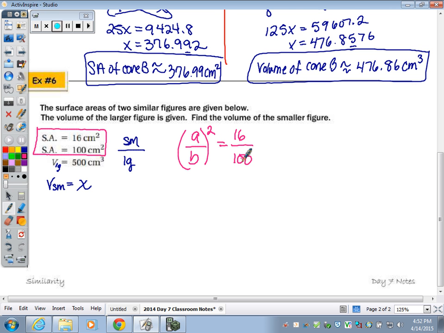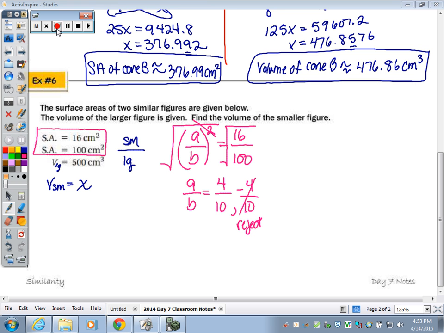And 16 and 100 are perfect squares, so I'm not going to reduce that. I'm going to go ahead and take the square root. Again, equals positive 4 over 10 and negative 4 over 10.